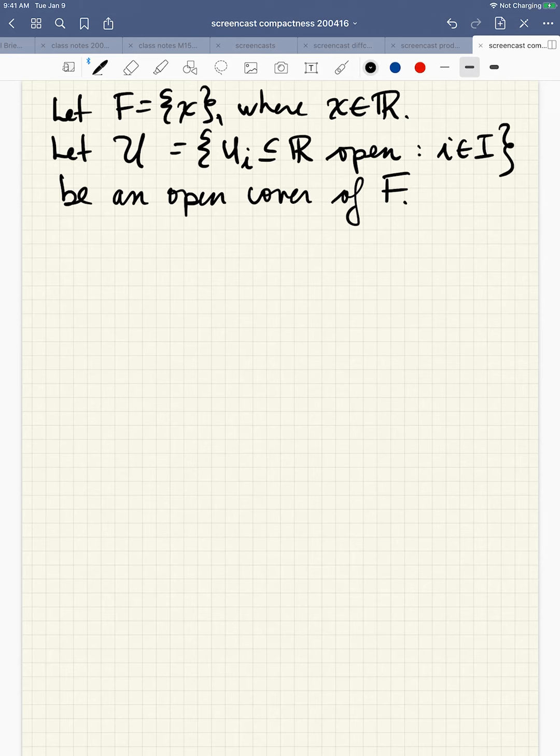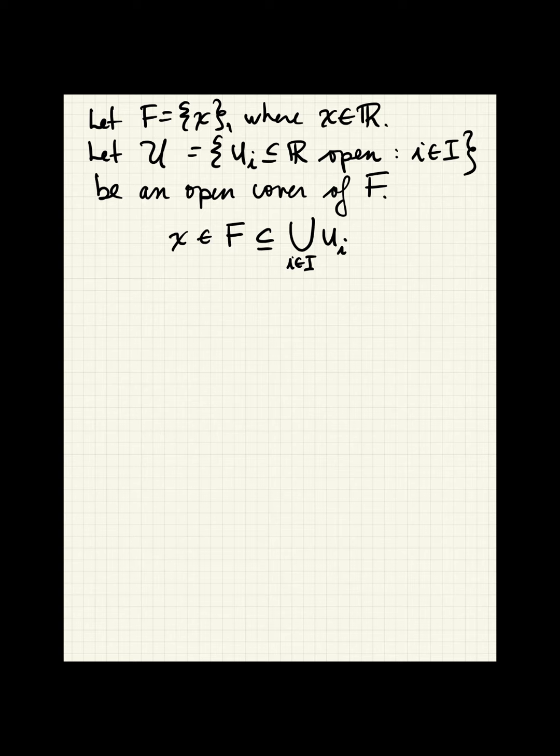Well, you can't say too much exactly, but what we do know is that x is a number that's in F, right? F just consists of the number x, but F is a subset of the union of all these open sets in our collection. By the definition of union, this means that x is in one of these elements. I'm going to call it U sub i naught.